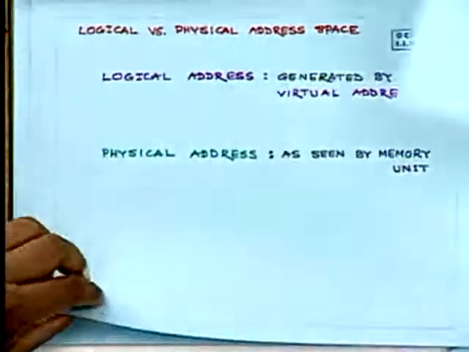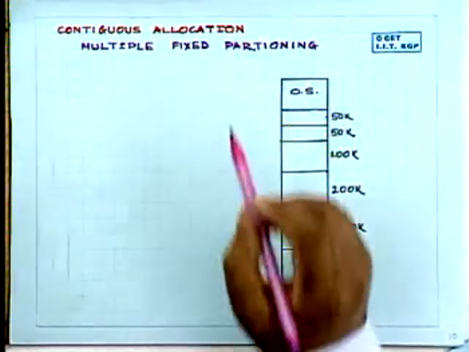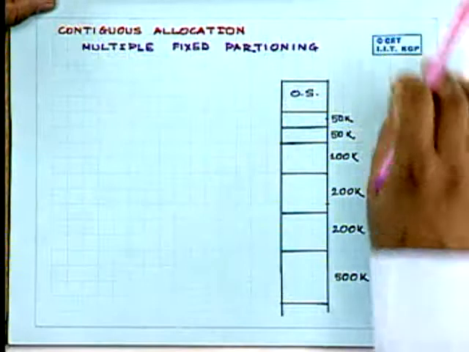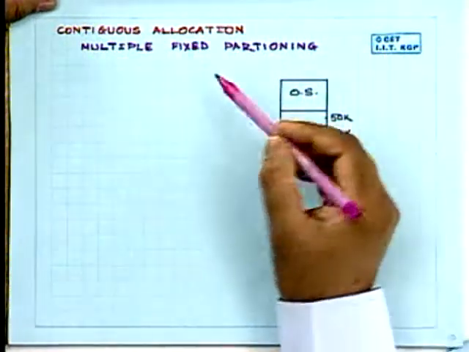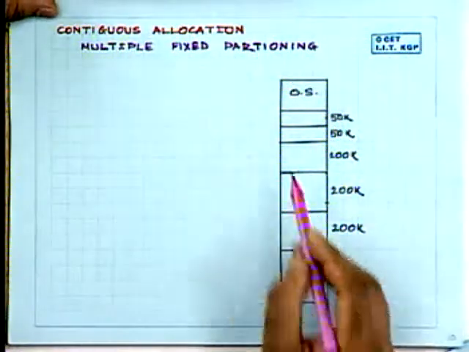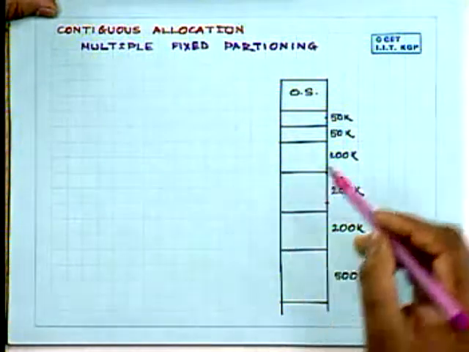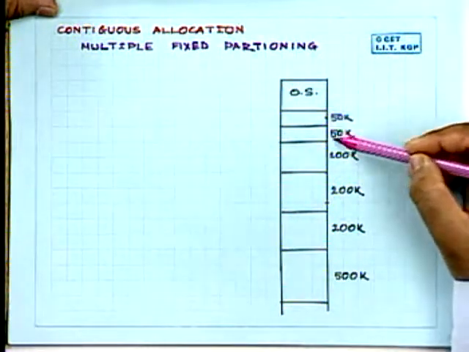With this, let me now go to contiguous allocation. What happens in the case of a multiple fixed partitioning scheme? Since we have to support several processes, the entire memory, the physical memory, is divided into several partitions.